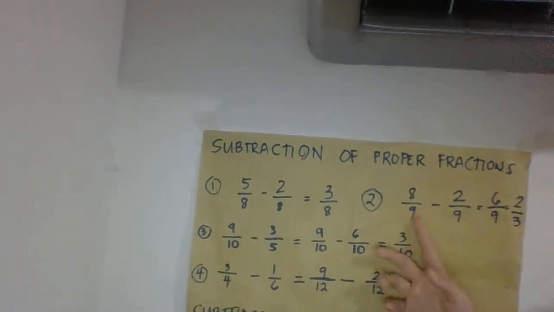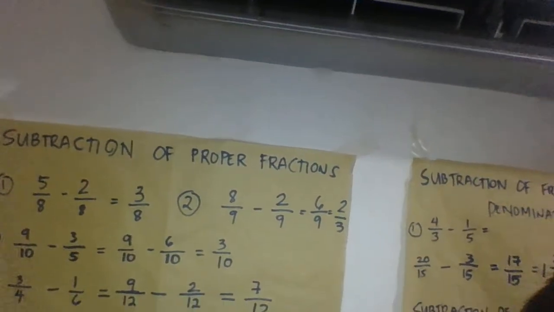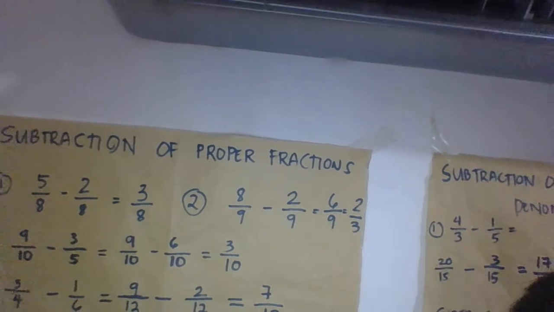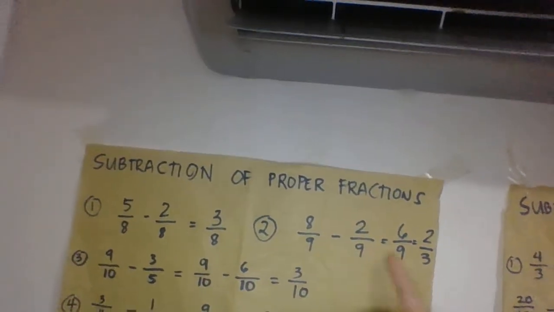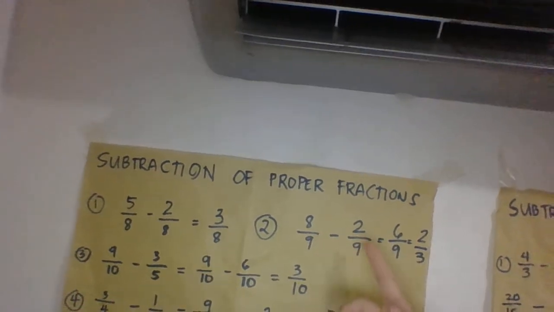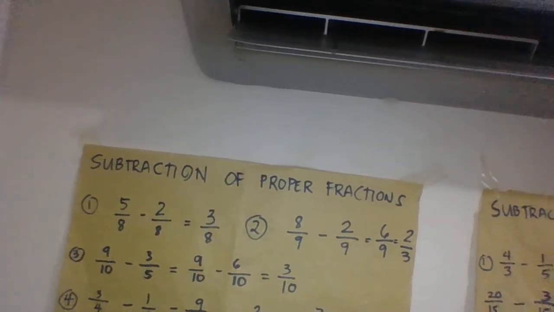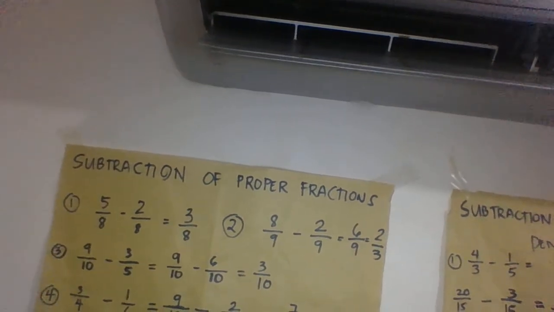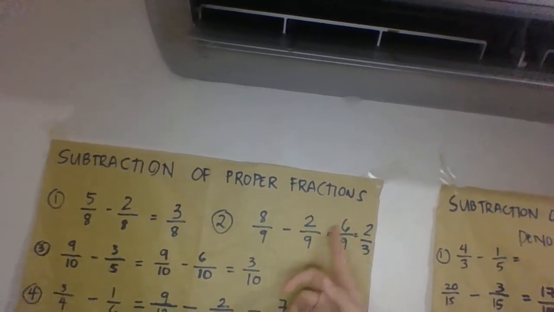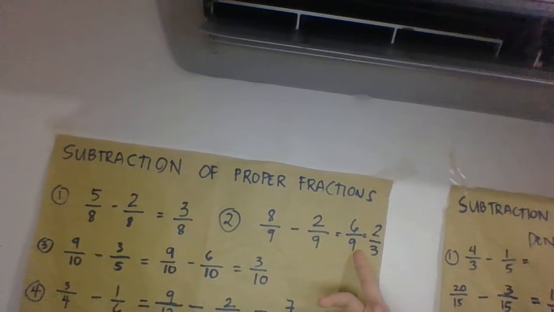Number 2. 8 over 9 minus 2 over 9. Since they are like denominators, we can already subtract. 8 minus 2 equals 6 and copy the denominator.